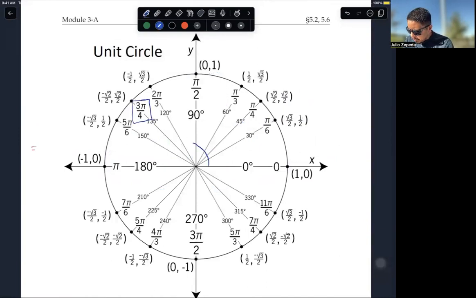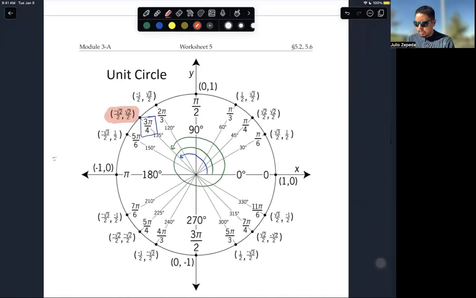So here is 3 pi over 4, and then here is 11 pi over 4. So it's just one extra 2 pi rotation around, and then it terminates in the same spot. So for both of these, the associated point is negative square root 2 over 2, comma, square root 2 over 2.